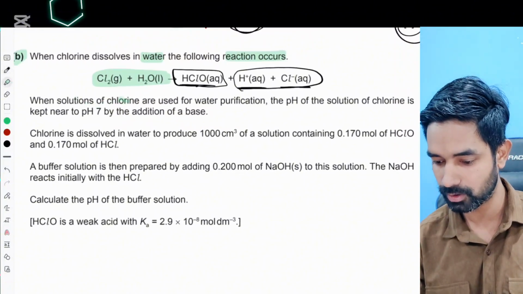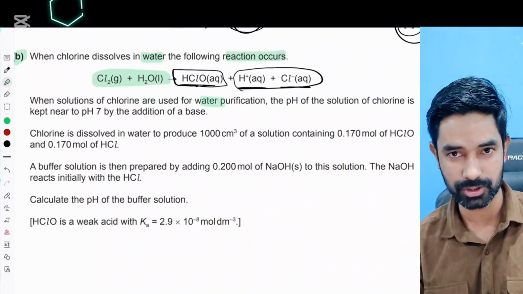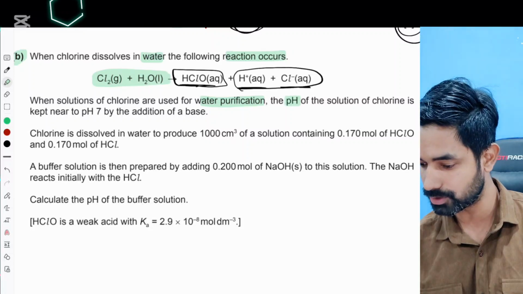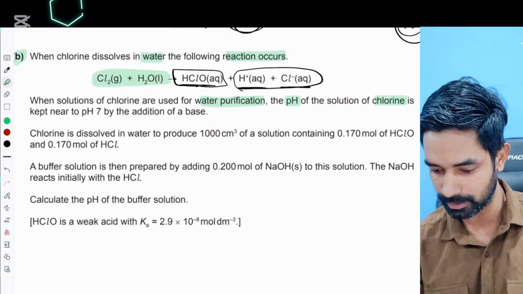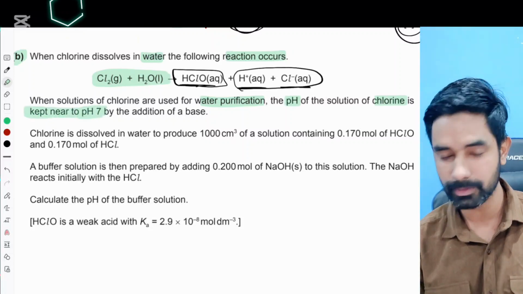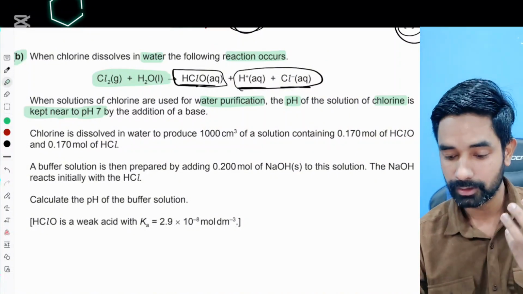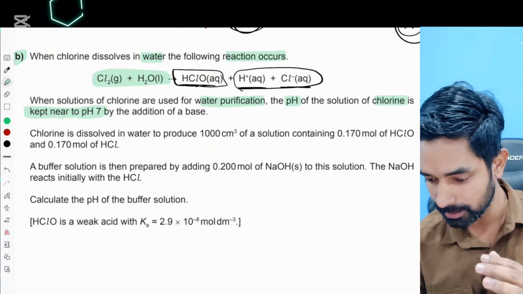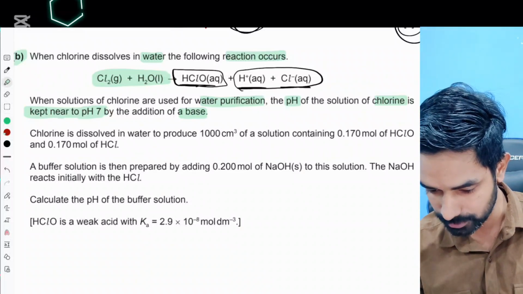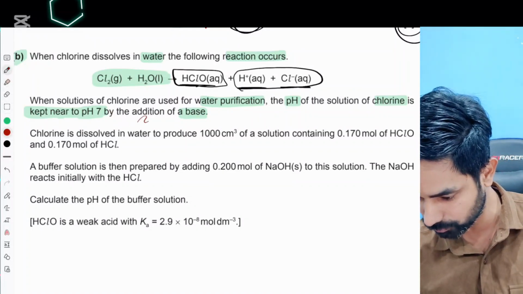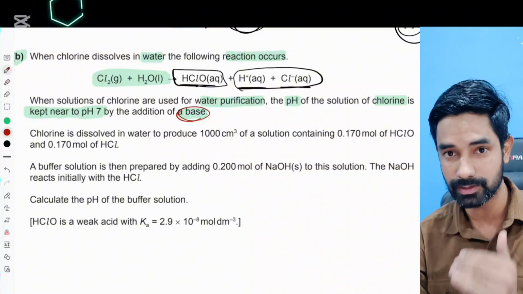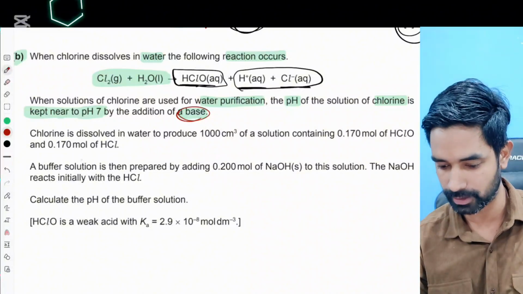When a solution of chlorine is used for water purification, the pH of the solution of chlorine is kept near 7. So when we use it for water purification, this is the information. The pH is kept at 7 by the addition of a base. Obviously, since acid is produced here, the pH will be low. So how do we control the pH? It said by the addition of a base, right?